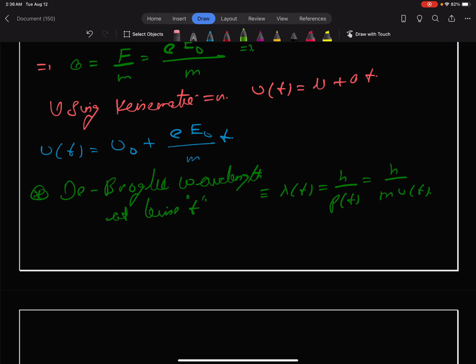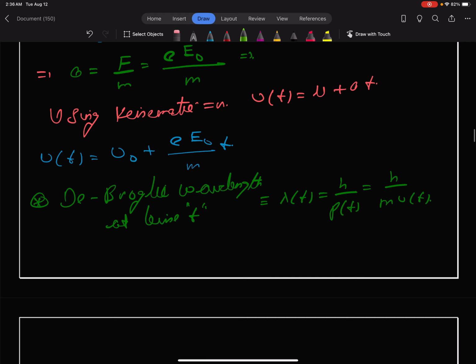And we are also given that the initial de-Broglie wavelength is lambda naught. So we can say initially we can write that our lambda naught is equal to h upon m times v naught.